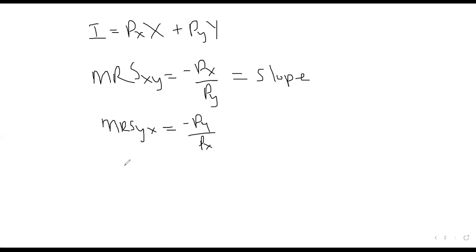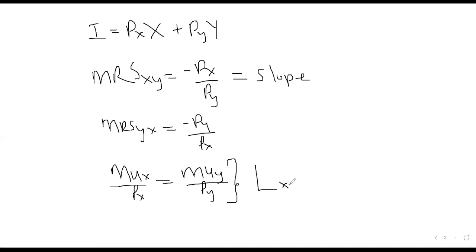So you're substituting a certain number of goods of X for Y. Then we also have the optimum bundle, which occurs at the point when the marginal utility of X over the price of X is equal to the marginal utility of Y over the price of Y. Sometimes we use what we call the Lagrangian multiplier.